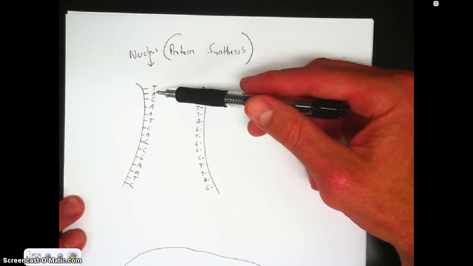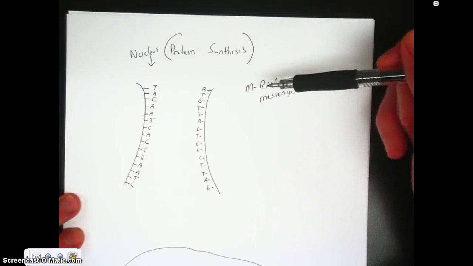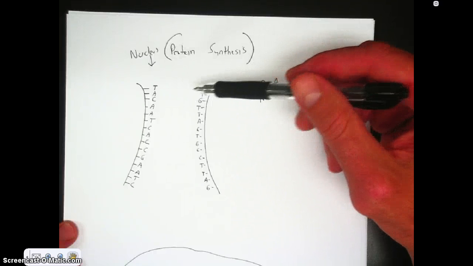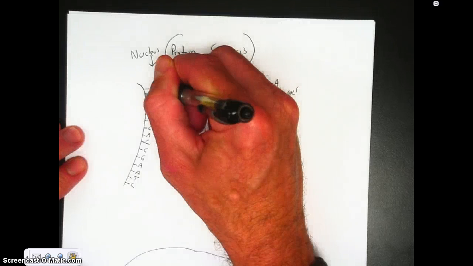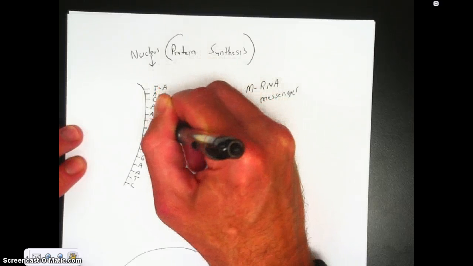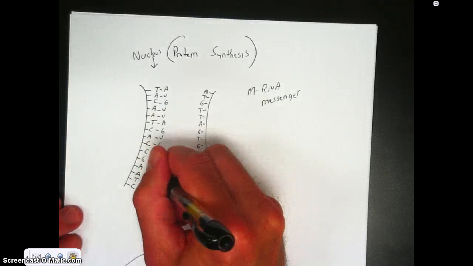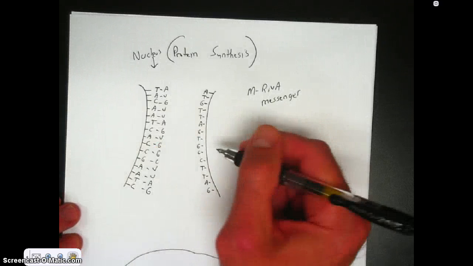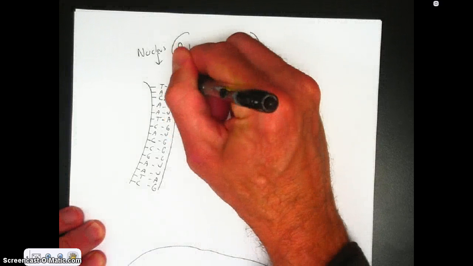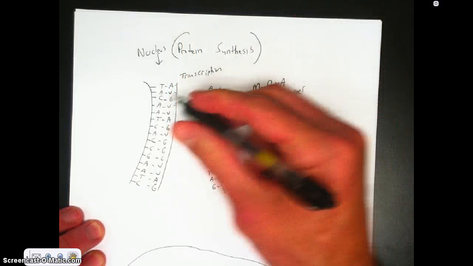So in order to copy this recipe, I'm going to utilize nucleotides that are RNA-based, meaning that instead of using T's, these bases are going to have U's, and when they come in, they're going to pair up A to U, C to G. So this message would be transcribed as A, U, G, U, U, A, G, U, G, G, C, U, U, A, G. This process that I just did by copying down messenger RNA to this strand of DNA is what we call transcription. Remember, transcription takes place inside of the nucleus.